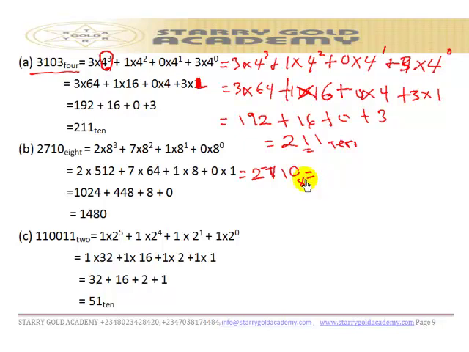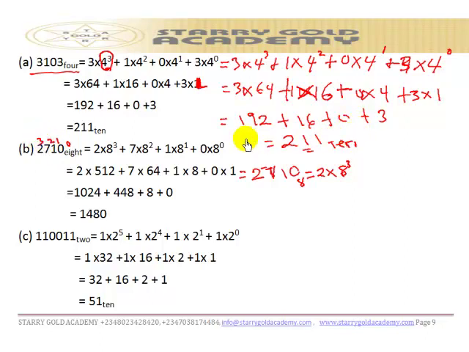So let's expand. If we expand, we are going to have 2 times 8 raised power 3. Why is it raised power 3? Because your unit carries a power of 0, your tens carries a power of 1, your 100 carries a power of 2, your 1000 carries a power of 3.